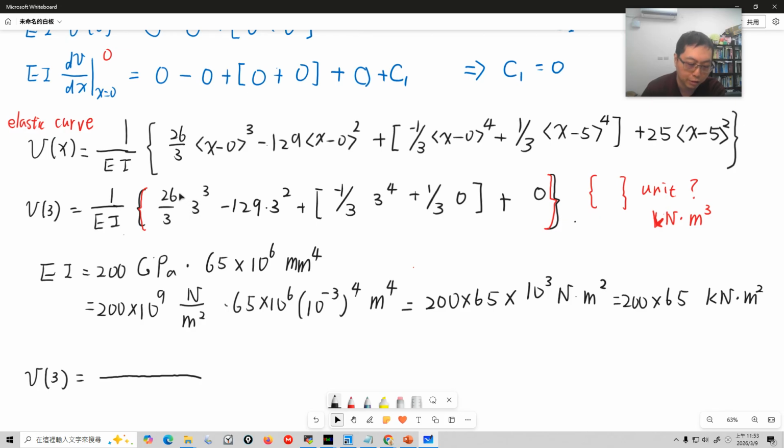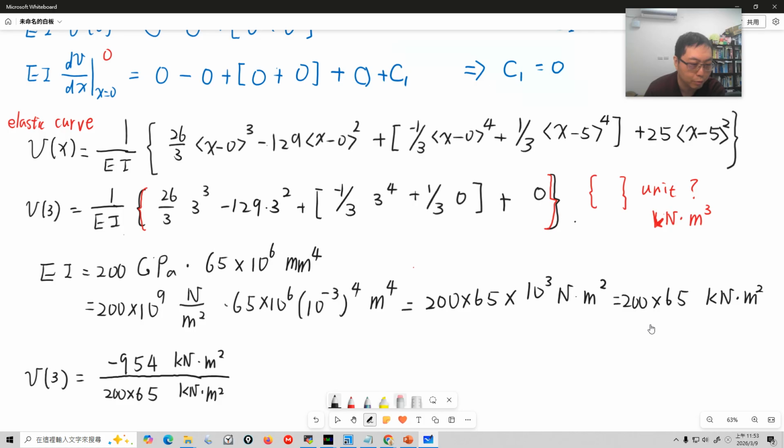I don't want to show the detailed calculation here. In my calculation it is minus 954, kilonewton times meter cubic. And what's the denominator? The denominator is 20 times 65, its unit is kilonewton times m square.